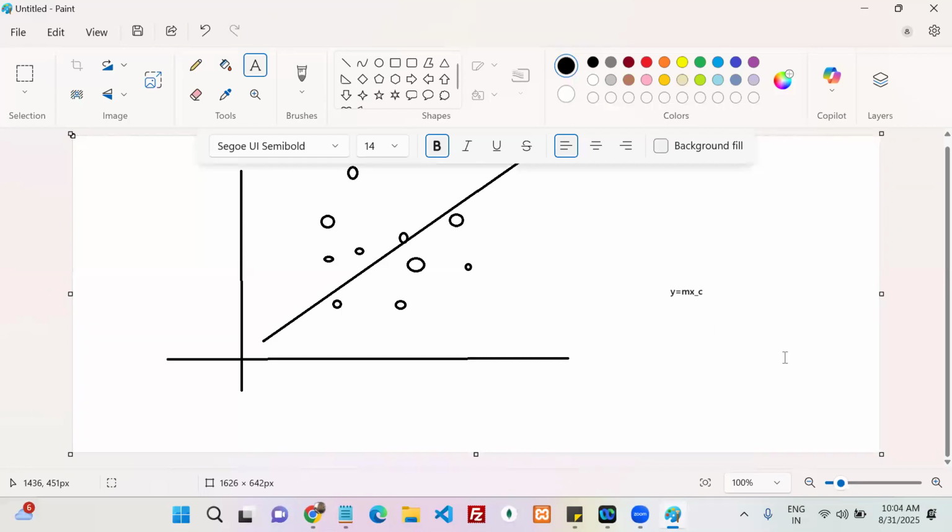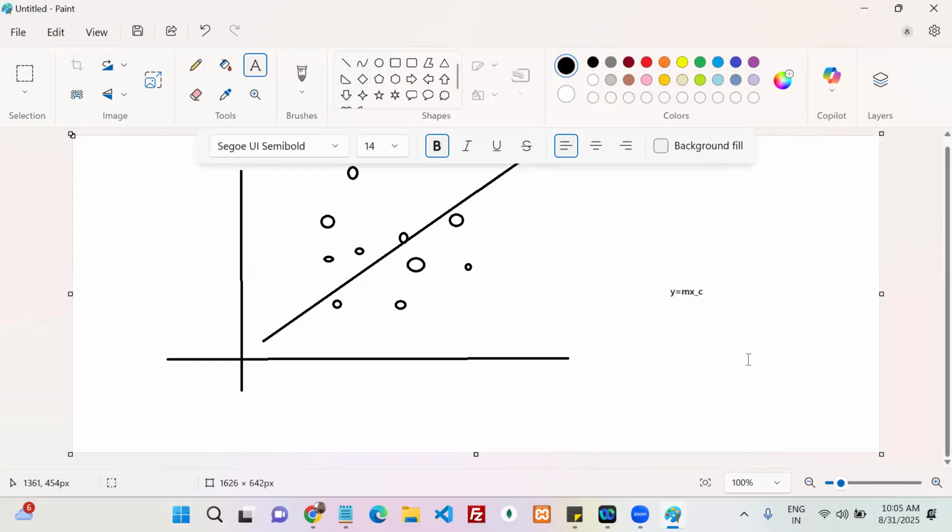Here y equals mx plus c is there, right? What is this m? We can say it is the slope. What is this x? The value, the independent one. The next one, what about the c?